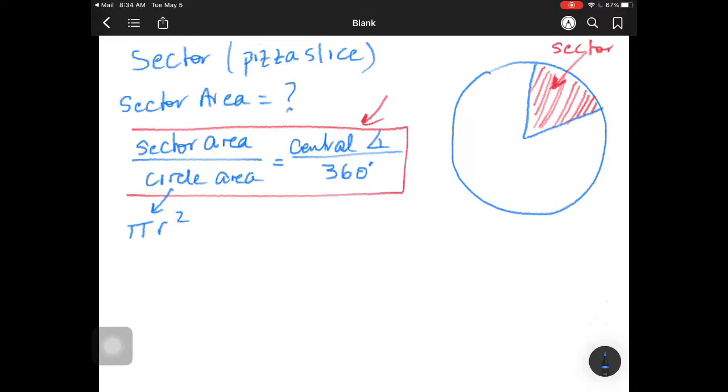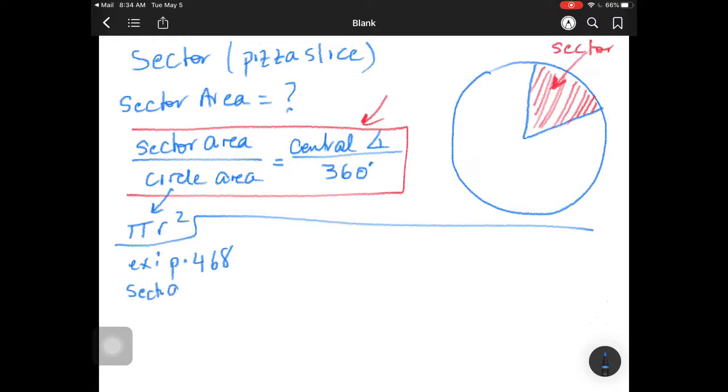If we go to the example in your book, page 468, they ask for the sector area and they tell us that the radius is 3 and the central angle is 120 degrees. Now of course we're gonna follow this. Sector area is unknown to me. The circle area is pi r squared.